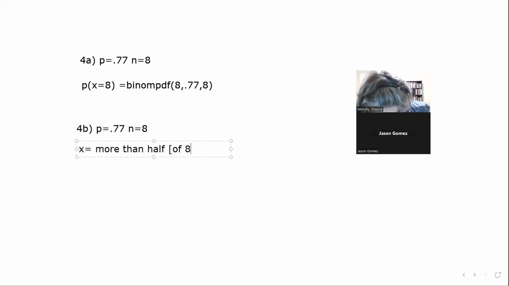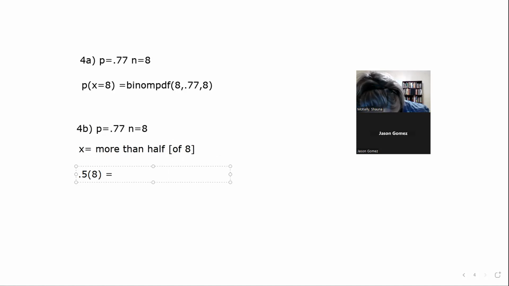If you wanted to show this so that you remember when you're studying it, half of 8 is 0.5 times 8, that's 8 divided by 2, which is 4.